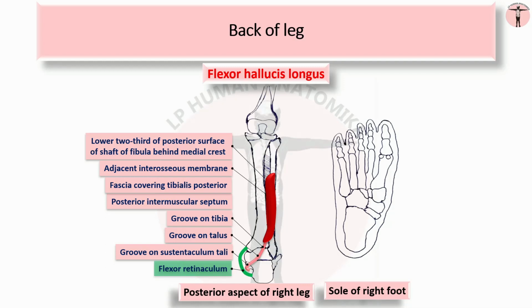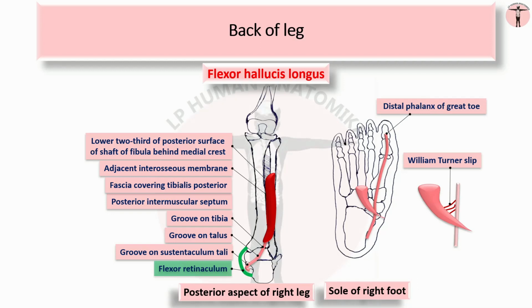In the sole, it crosses the tendon of flexor digitorum longus in the second layer of sole and gives fibers to the flexor digitorum longus tendon called William Turner slip. Then it is inserted into the base of the distal phalanx of the great toe.